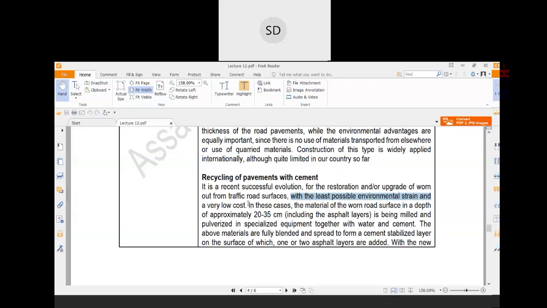After that, you can use freshly mixed cement concrete to seal off that particular pothole. In that case, you are recycling the already wasted construction particles in that particular place.